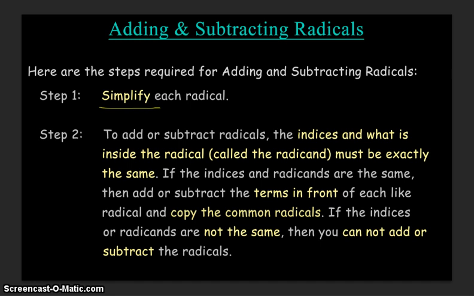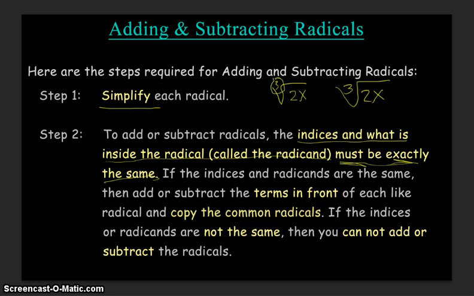And then, step number 2. So, to add or subtract radicals, the indices and what is inside the radical, called the radicand, must be exactly the same. So, ibig sabihin, yung indices natin at yung radicand dapat ay magkaparehas.